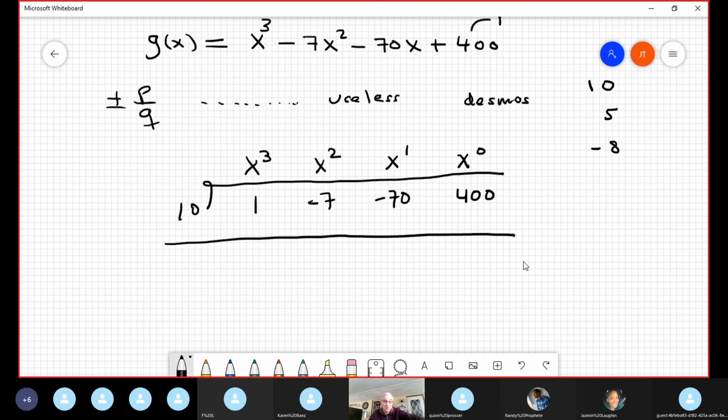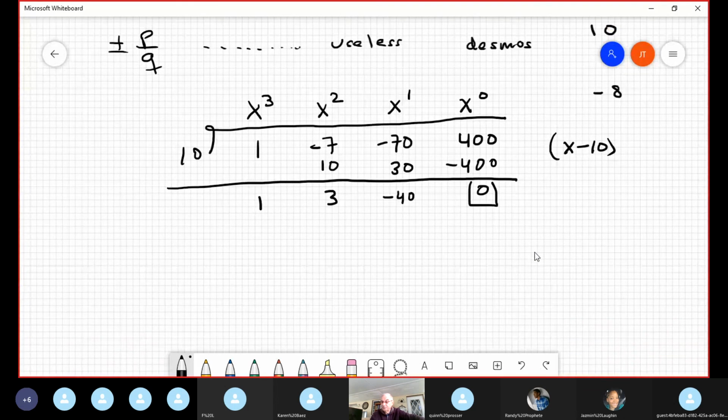Bring down 1, multiplication is 10, add to get 3, multiplication is 30, add to get -40, multiplication is -400, remainder 0. So I proved on the paper that x minus 10 is a factor of the original polynomial.